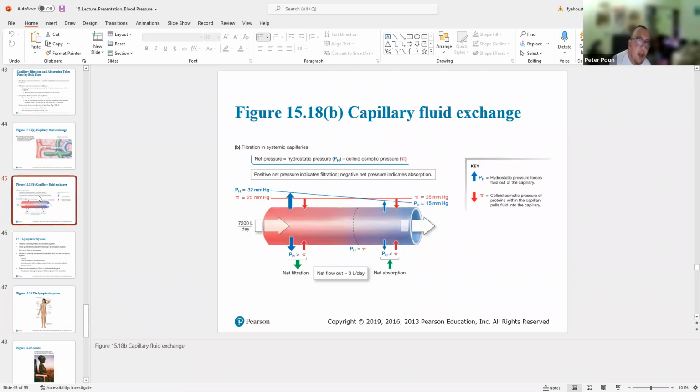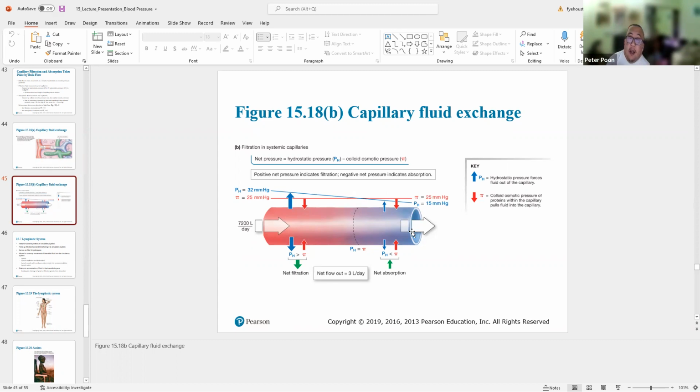All right, so let me take a look at this. This colloid pressure of proteins is pushing the fluid back in. These are proteins that are in your blood. Proteins in your blood require you to eat proteins.